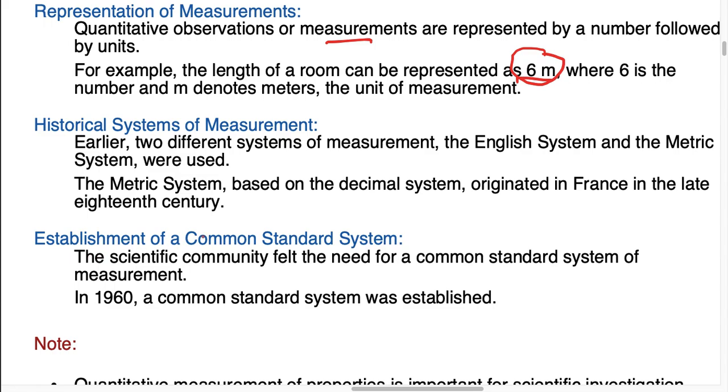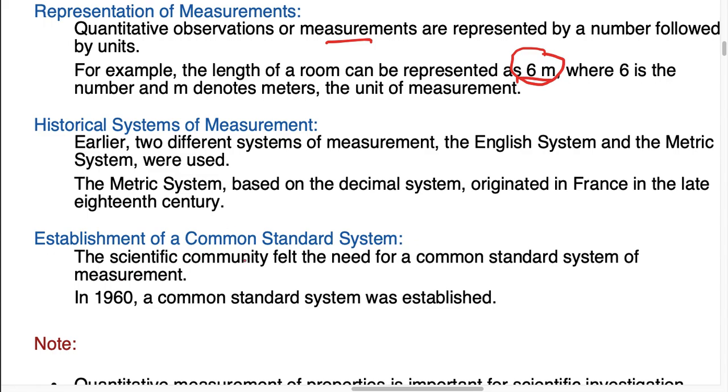Next is the establishment of a common standard system. There are two different systems, then how can we quantify the same measurement in different parts of the world? To connect the whole world with a single unit, we have to establish a common standard system of measurement.